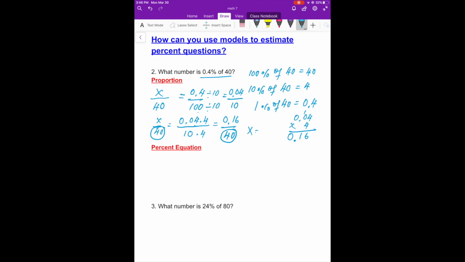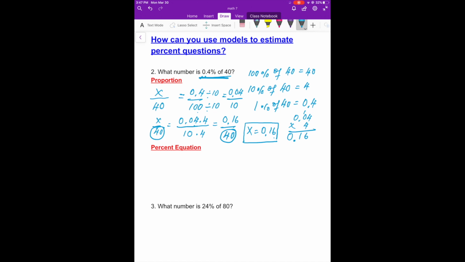So x is going to be 1600th, or 0.16, which is less than 0.2, because we already discussed that 1% of 40 was 4/10, and half of that would be 2/10, but we are taking only 0.4%, not 0.5%, so that is going to be less than 0.2, which is what we got.